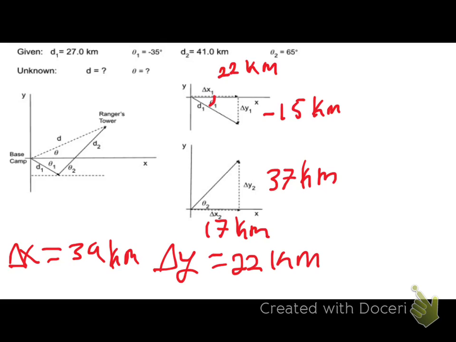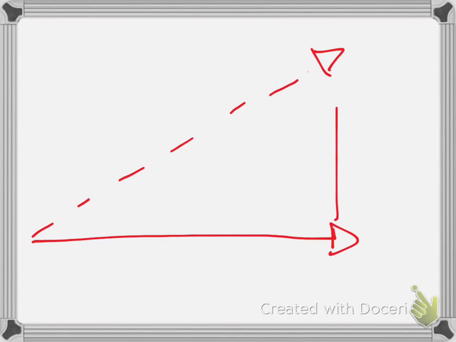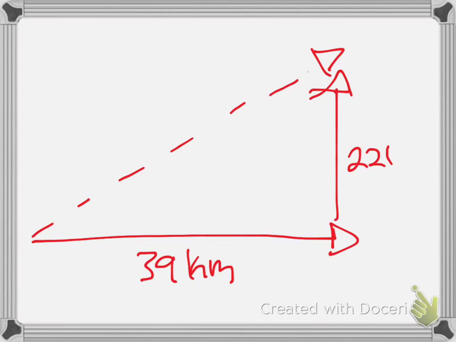All right, now we're ready to solve the rest of this. And to do that, let's draw our actual triangle here that we're solving for. So we have this resultant, okay, and what we just solved for were these components right here. And we said that our delta x was 39 kilometers and that our delta y was 22 kilometers.